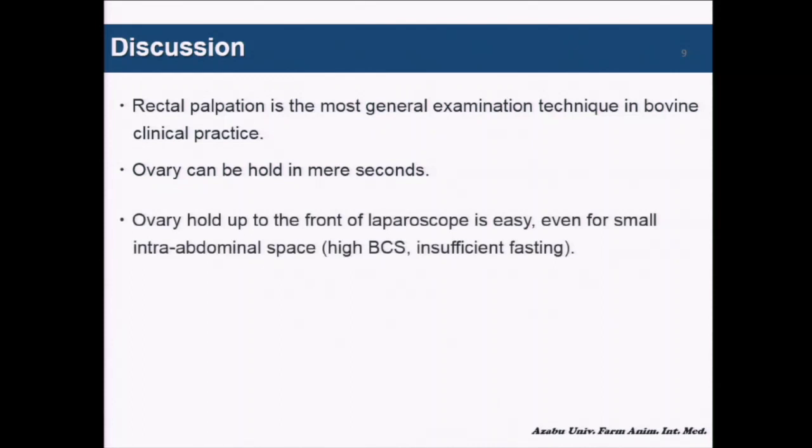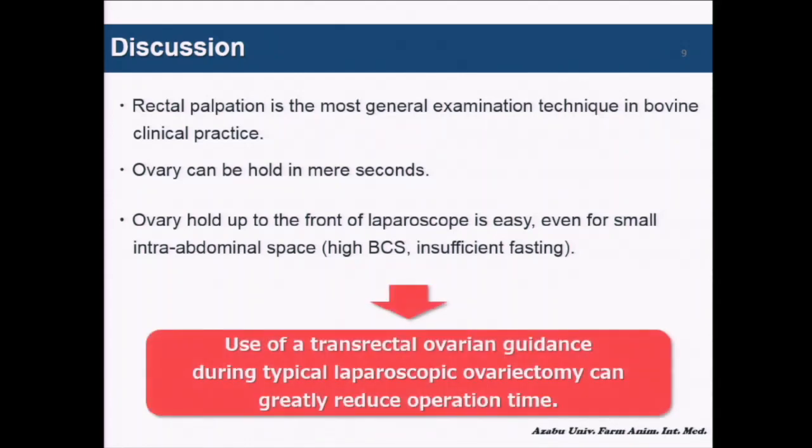Even in a cow with a small intra-abdominal space, the ovary could be easily held up in front of the laparoscope. These findings demonstrate that the time required to complete the ovariectomy can be greatly reduced by combining it with transrectal guidance of the ovaries.